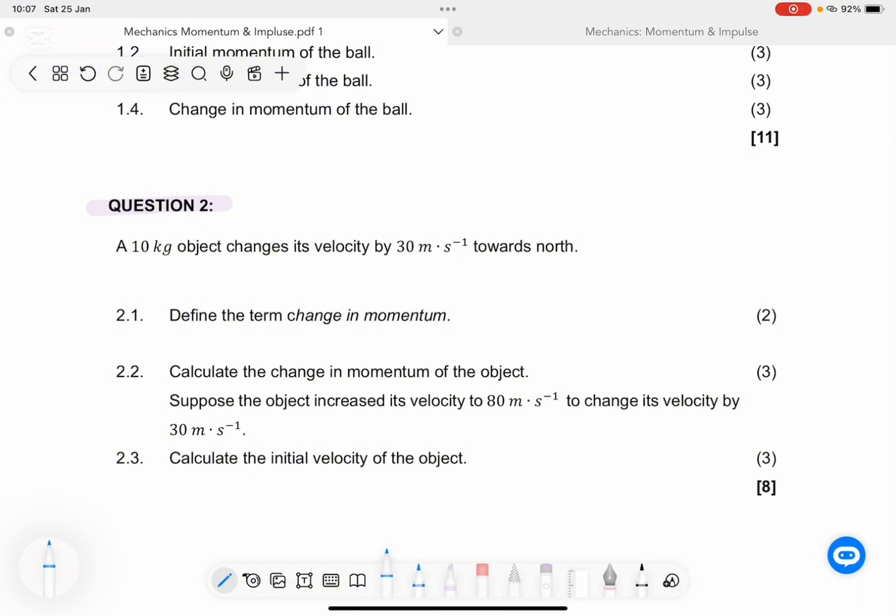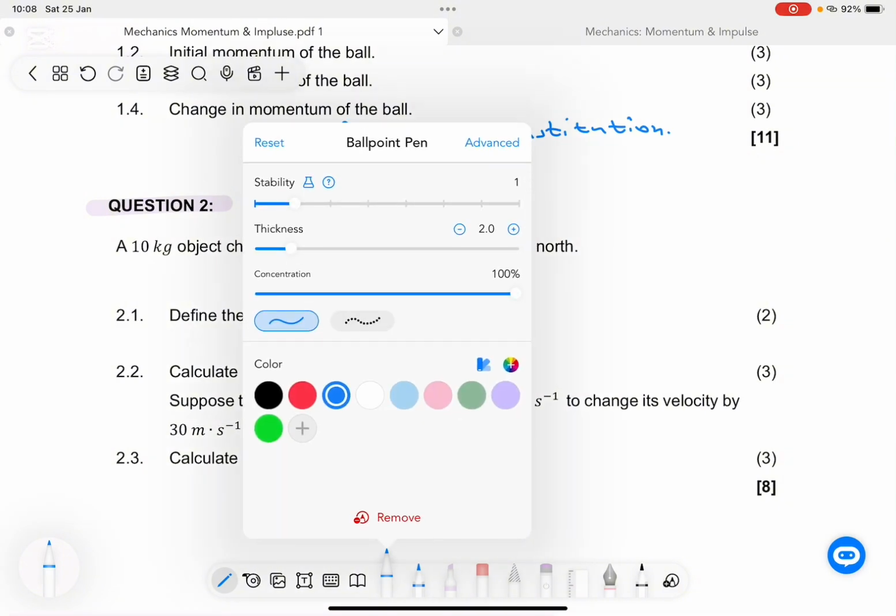In order for me to solve question 2, I am going to use the academic constitution. The academic constitution is a problem-solving strategy that has 4 rules.